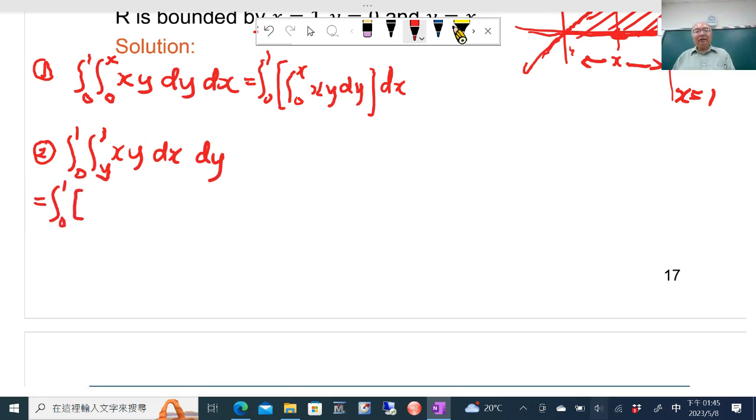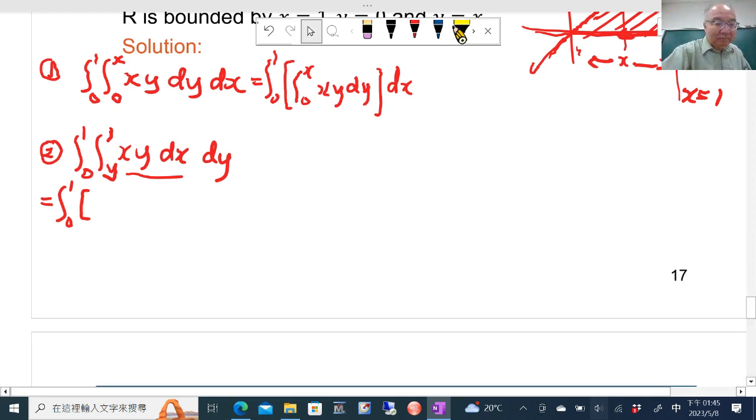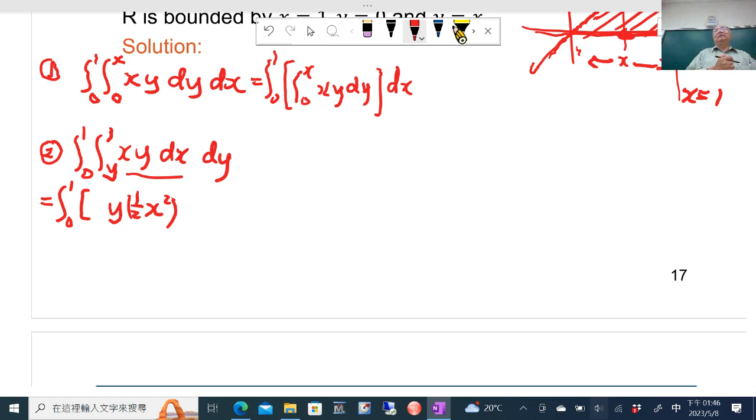Okay, now I'm going to do the integration on x only. So y is the constant, right? So it should be a coefficient, and x is x to the power 1. So it's a power form. Therefore, we should have x to the power 2 with 1/2 as the coefficient on this particular integration form. Okay, and what else?